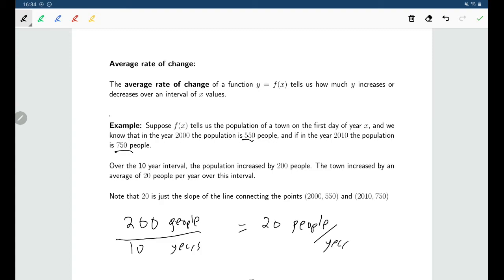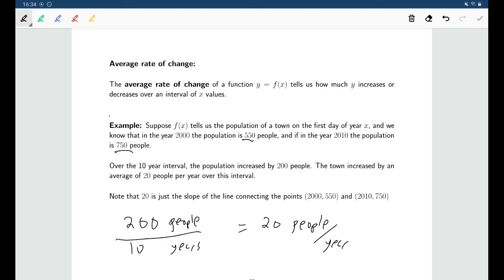So that's not to say that the town is every year getting exactly 20 people more. So the year 2001, we didn't necessarily have 570 people in town. It's that if you look at the average of where we started at and where we ended at, we've increased by 200 people over 10 years. So the average is an increase of 20 people per year.